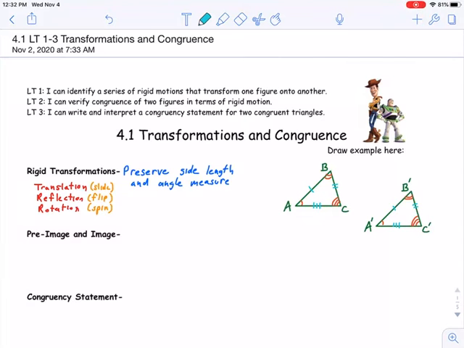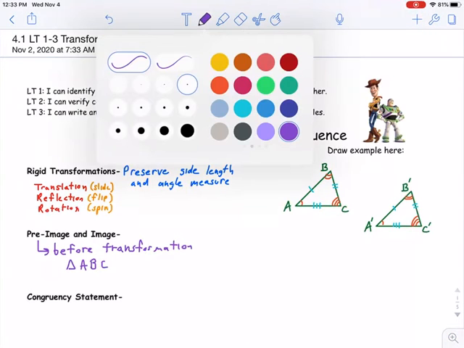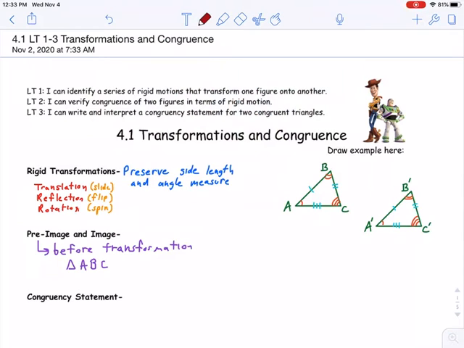So, pre-image and image. All right? Pre-image is before the transformation, so it's what you start with. And in this particular case, it's triangle A, B, C. Image is after transformation. So this is just some terminology we're going to be using throughout the unit.